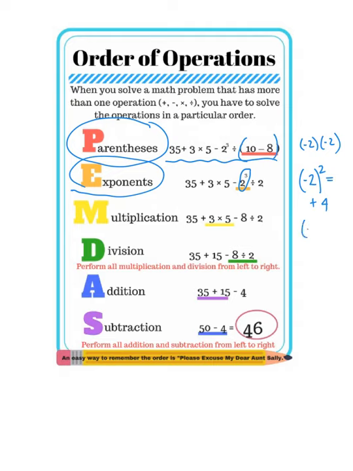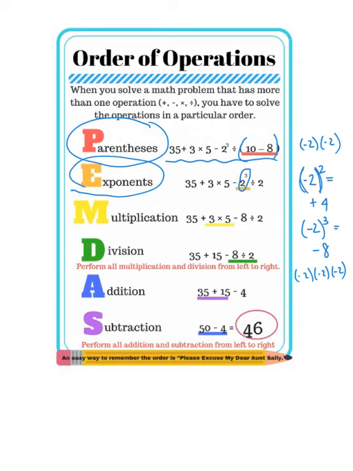Whereas negative 2 to the third power would result in negative 8, because negative 2 times negative 2 times negative 2, when you have 3 negatives multiplying, gives you a negative. So just be careful if there are parentheses and you are squaring, it turns into a positive.